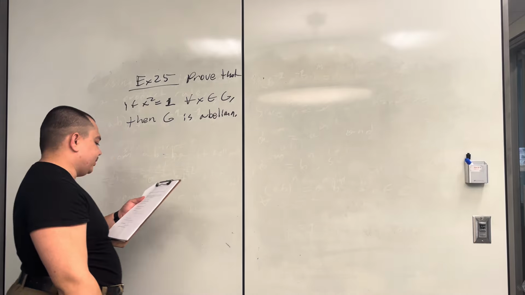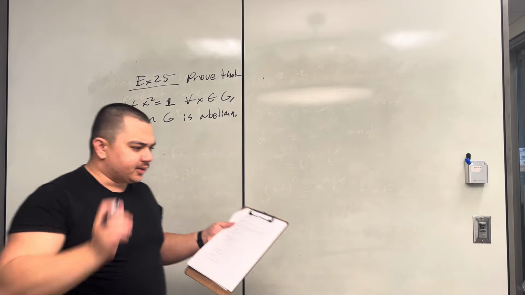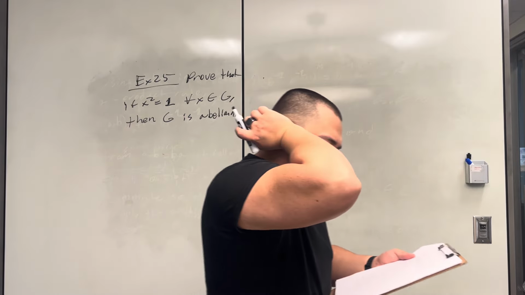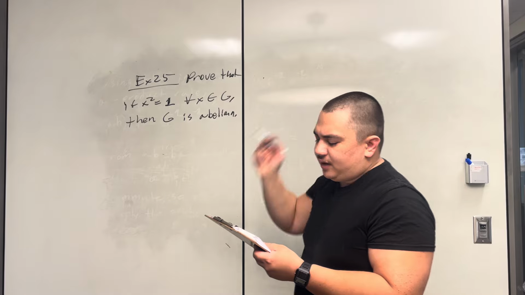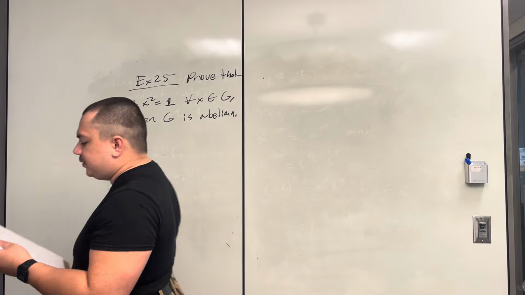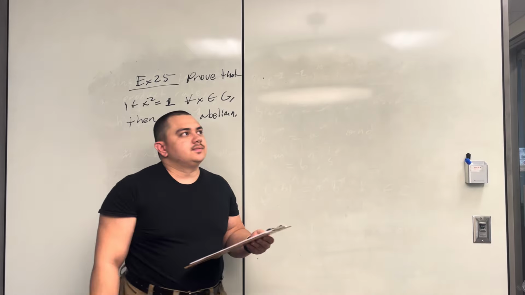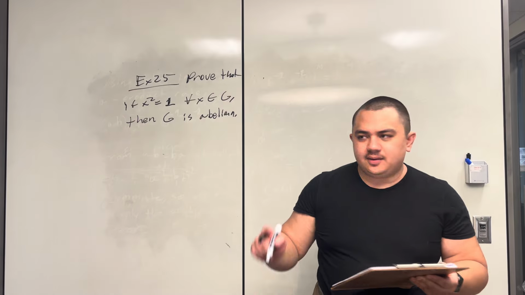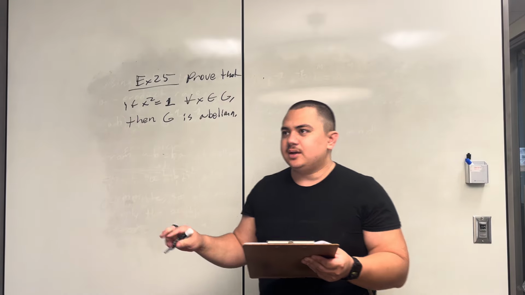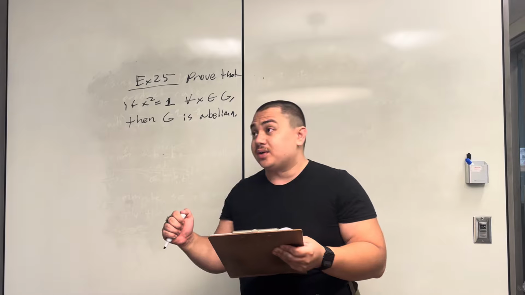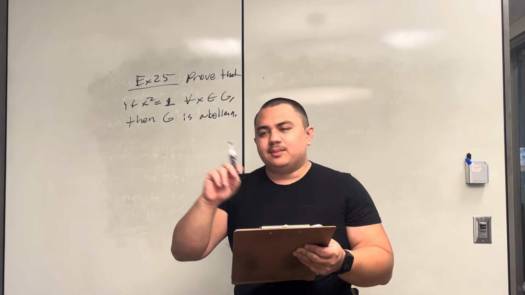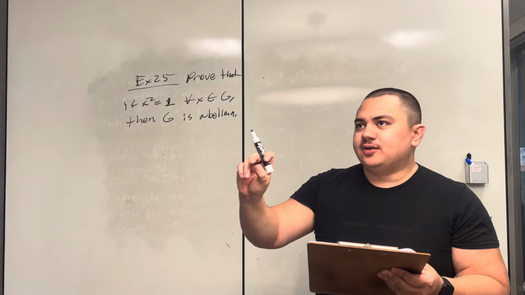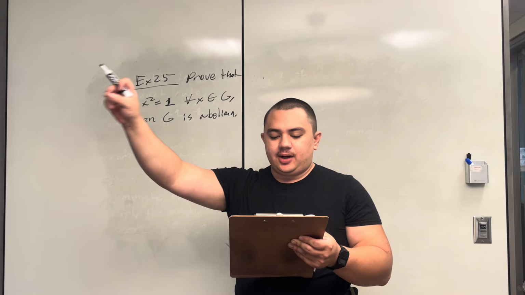Whoa, that's pretty neat. So the intuition on this is if every element is an involution, x squared is equal to 1, then x is equal to its inverse for all x, right? So apply this to a product AB, (AB) squared is equal to 1.